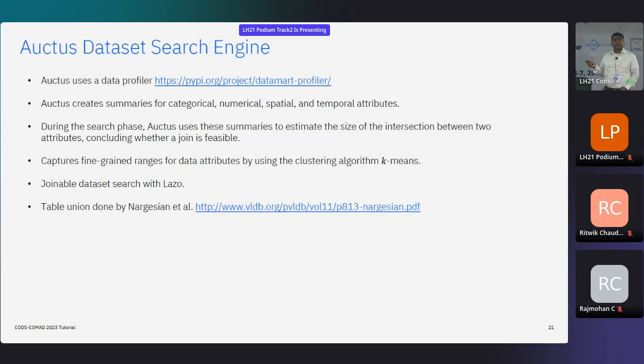The other one is what can we do at the column level? For example, if I have a data set, I want to find a column which can be added to this table. You will probably see this example later on. Say I have height and weight, and I want to predict, say, the heart attack risk of a person.